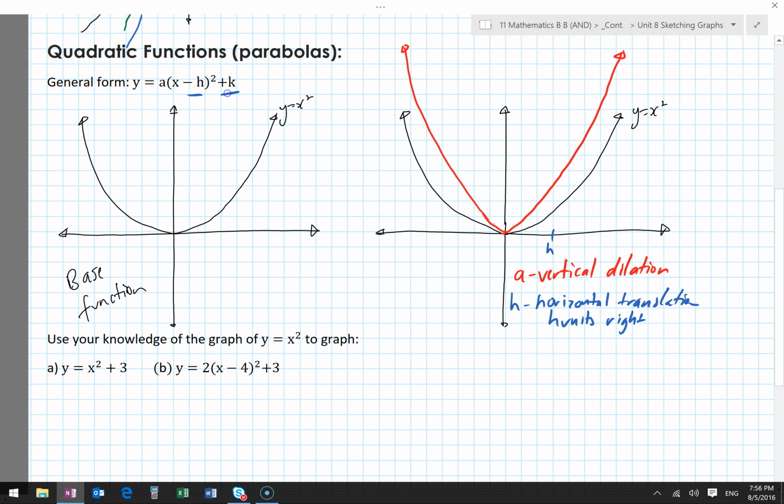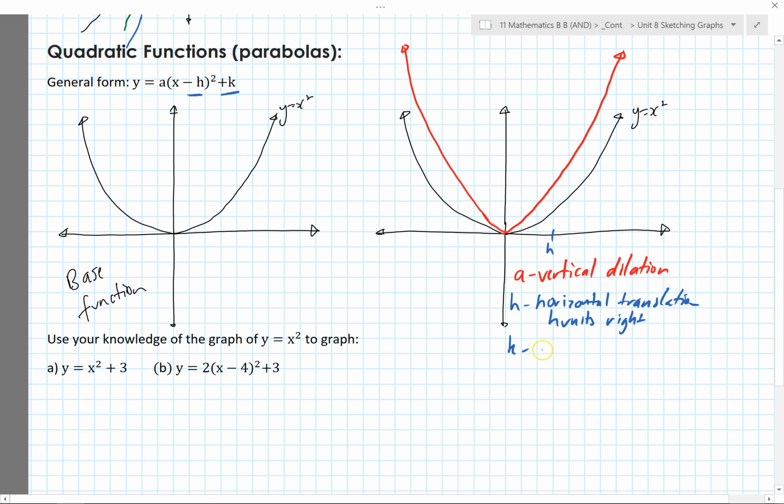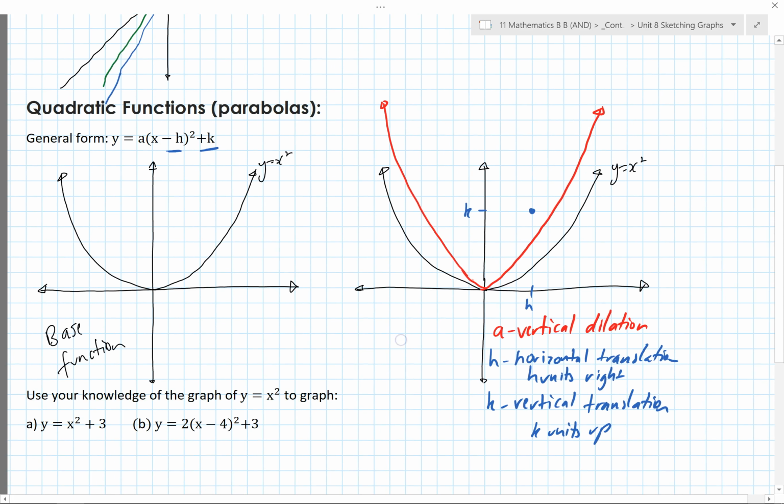I also have a k value, which means a vertical translation of k units, and we'll assume that it's all positive, k units up. So that turning point, instead of being at (0, 0), is now going to be at this point (h, k), and I'll draw the same quadratic shape at that point.